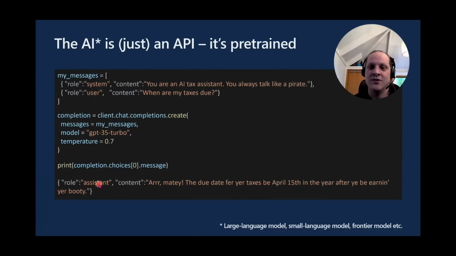In this case, it's given me the wrong answer because I'm in a country that is not the US. We'll go a lot more into detail as we start demonstrating some of the prompts that we'll create. But fundamentally, that is how we use an LLM. It is not that difficult.